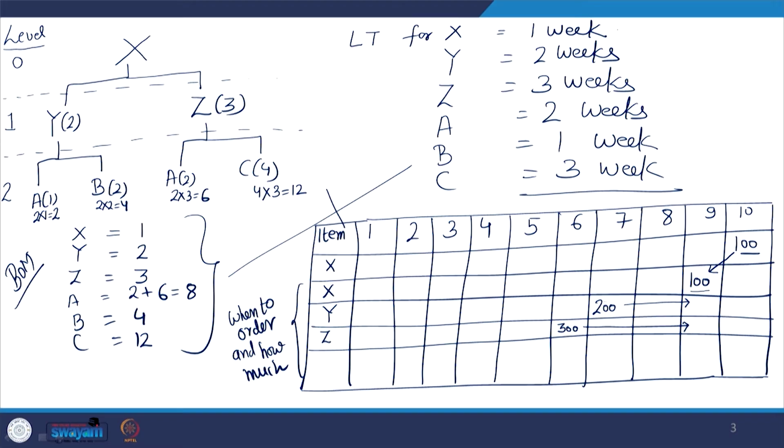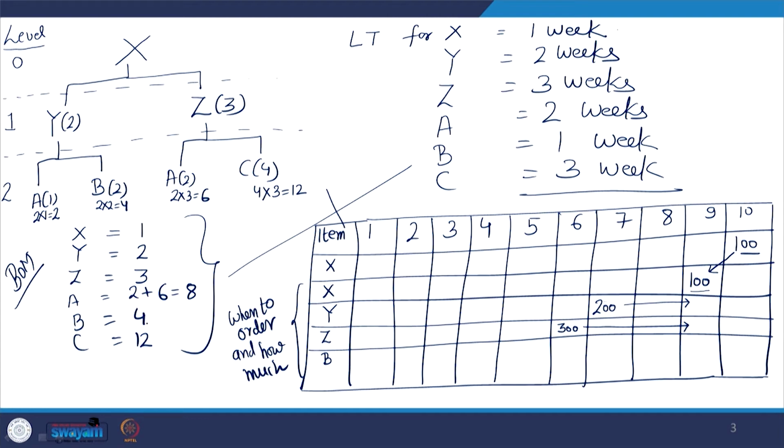Now, for making X, at Y and Z, we require different types of components. So, let us see B first. For B, you require only 1 week and B is required for making Y. Why are we starting in the week 7? How many B's are required? We require 4 B's.